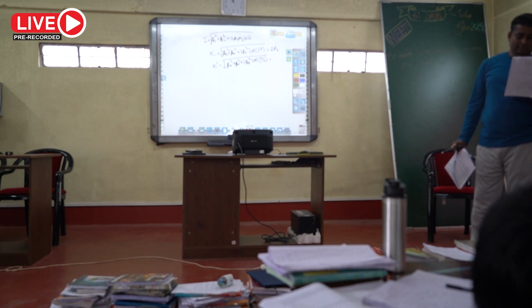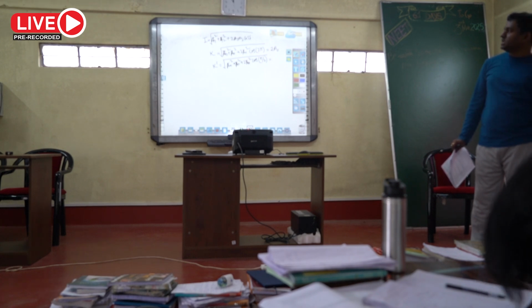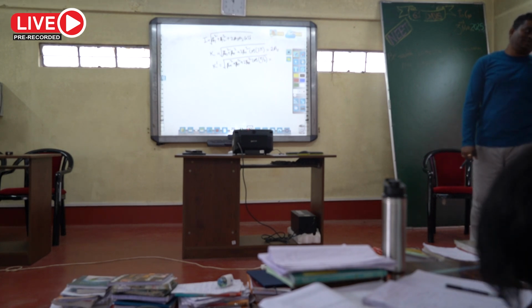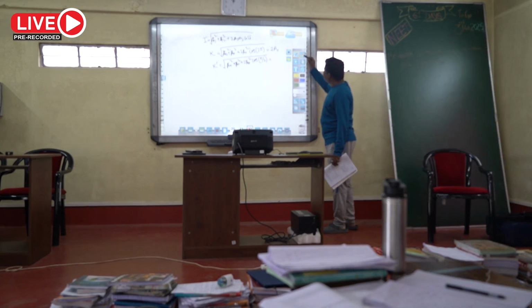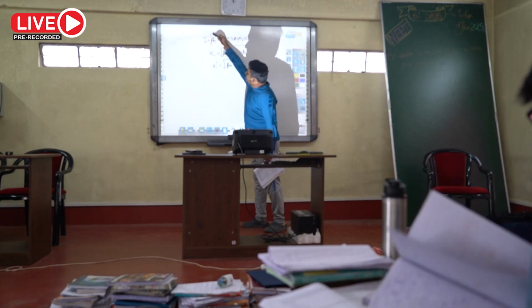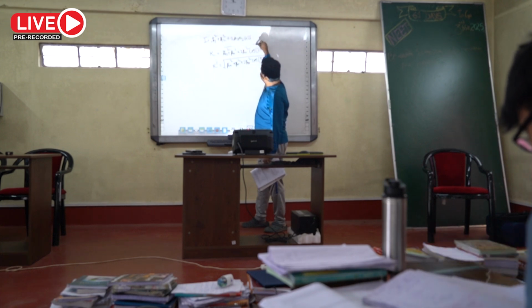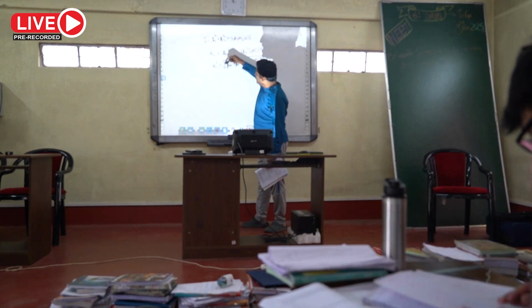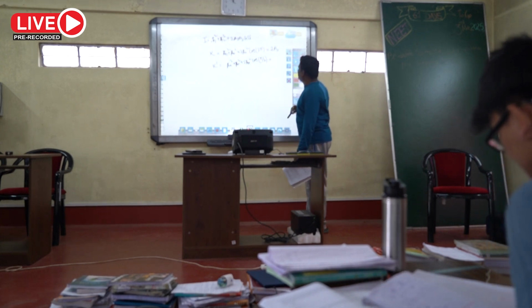Square. Intensity equal to amplitude square. I usually applied one more rule. This rule is not there. Additional root I have applied. So that's why all this problem.